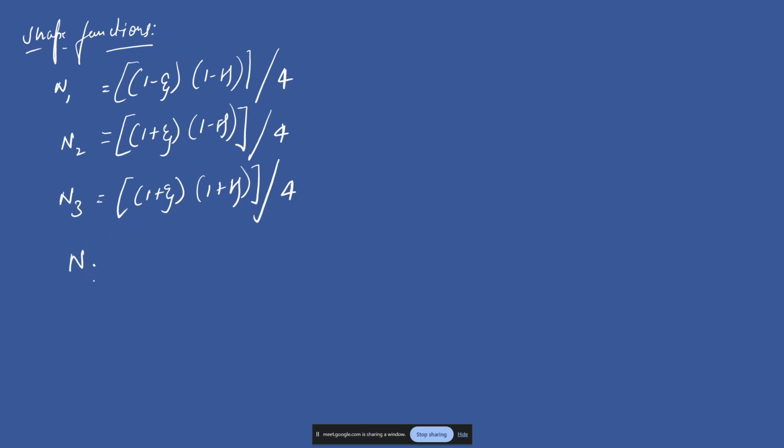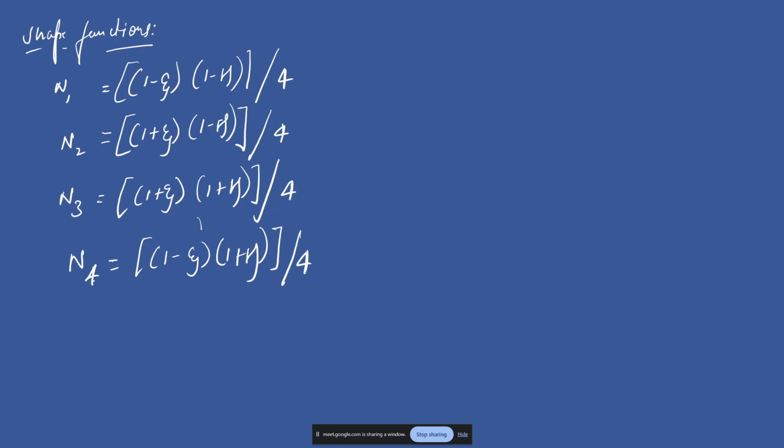Then you have N4, (1 minus xi) times (1 plus eta), the whole divided by 4. Okay, so with the help of this you have 4 shape functions available.